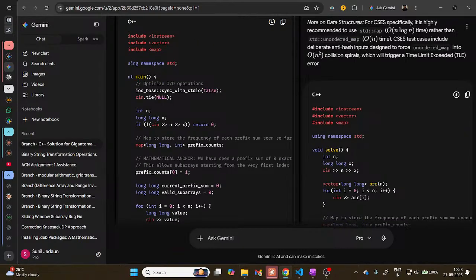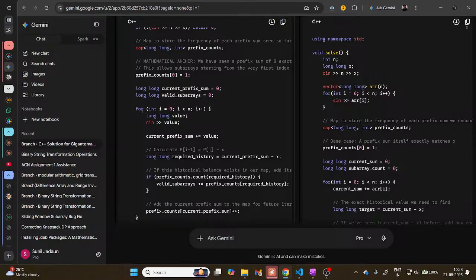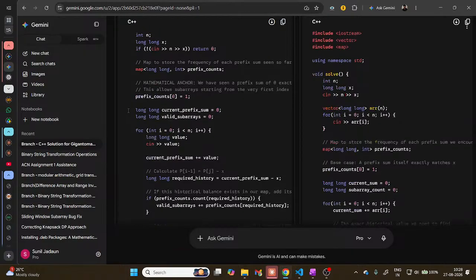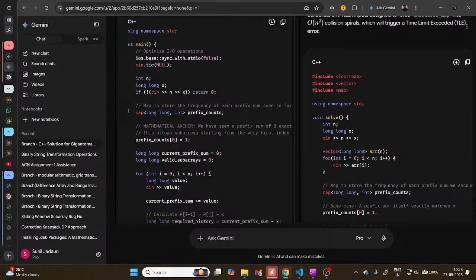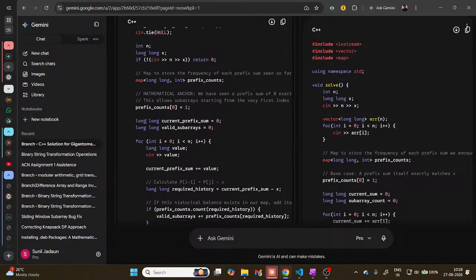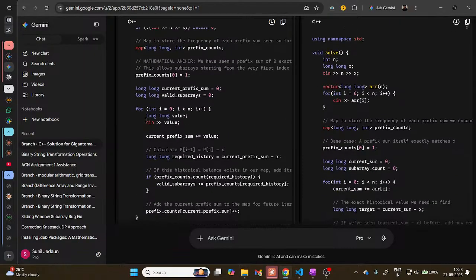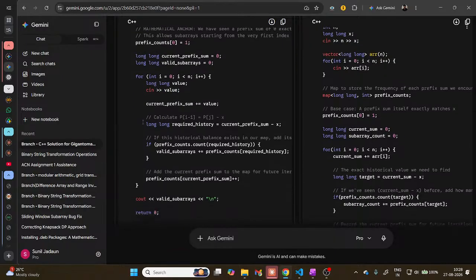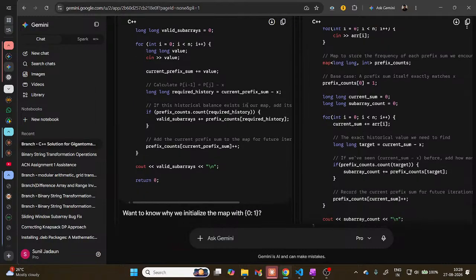Okay, the thing is, this is just a running thing, right? The input is also in this. We don't have to take the vector or array, right? Just this map, and then long value, cin value, at place is equal to value here.